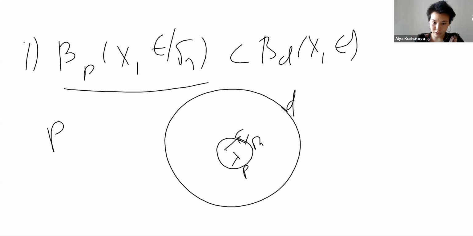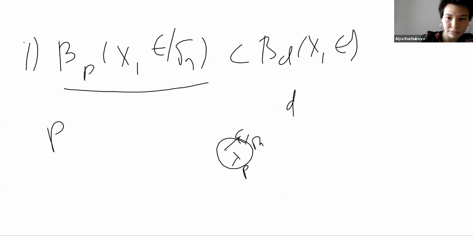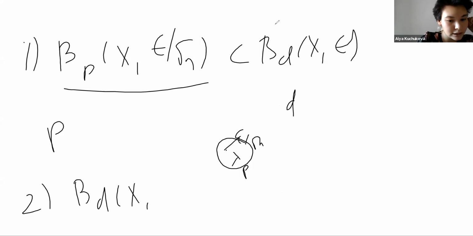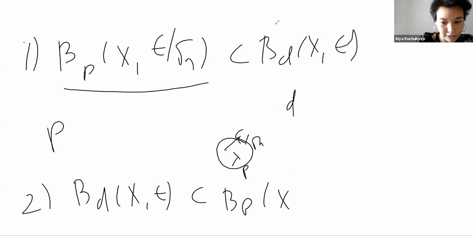But then a second result that we got was that B_D(x, epsilon) is inside of the B_P(x, epsilon), right? Which means completely opposite, which means that D is always the finer one.